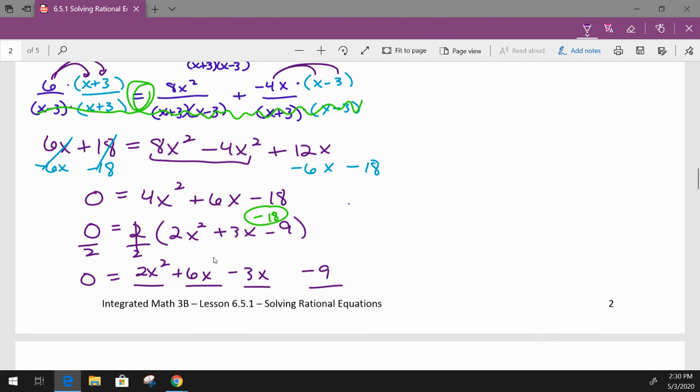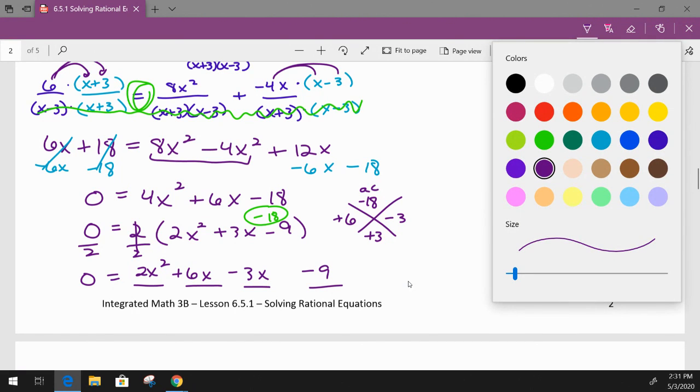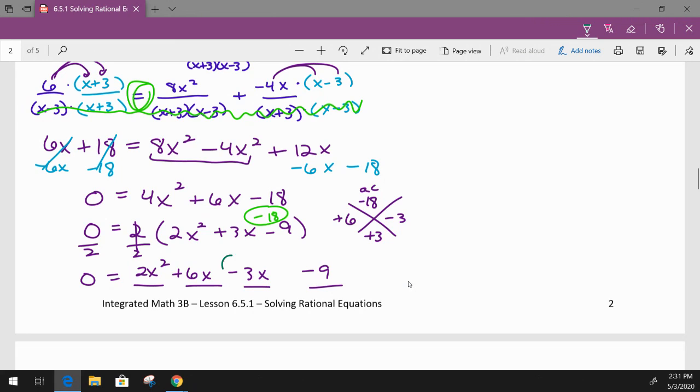So again, if you need to do this crisscross thing over here, you want your AC to multiply together to equal negative 18, but you want the numbers to add up to positive 3. So again, positive 6 and negative 3 do multiply together to equal negative 18 and add up to positive 3. All right, keep going. Just cut your 4 terms in half, factor out a 2x.